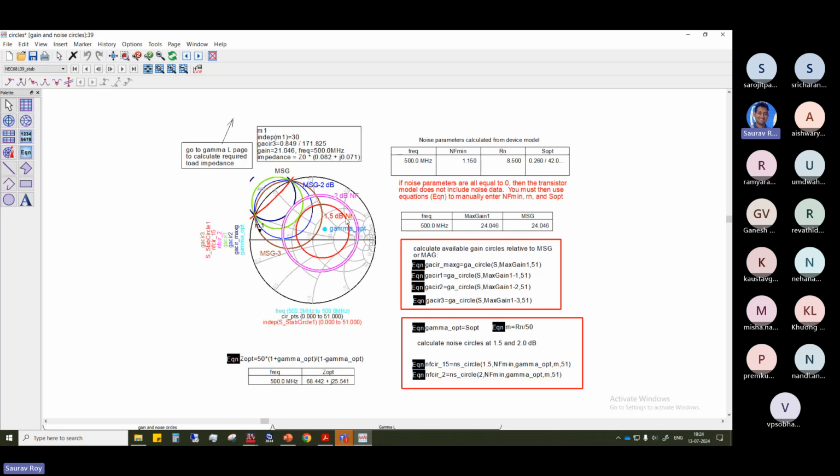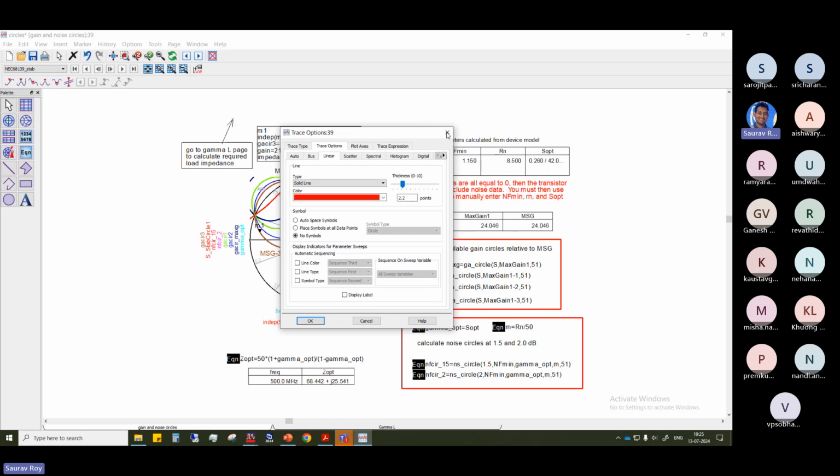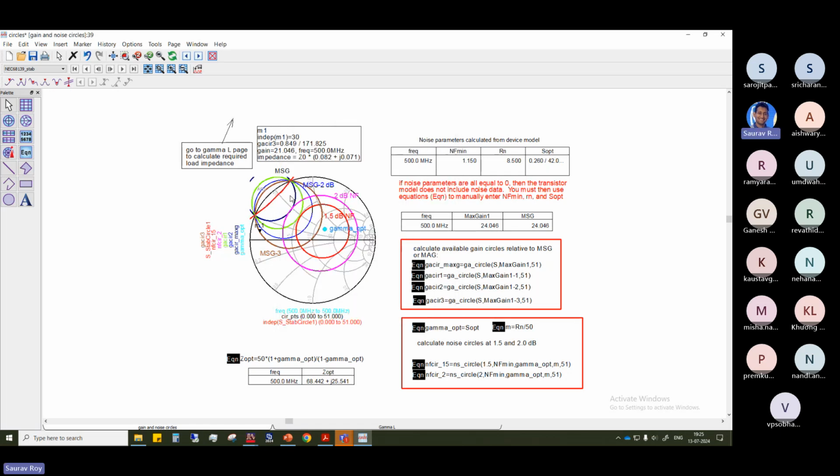It represents 1.5 dB noise figure and 2 dB noise figure. And these are the gain circles, MSG minus 2, MSG minus 1, similarly. And we also have the source stability circle here. This side is the source stability, okay, this one. So now that means we are operating at this zone.